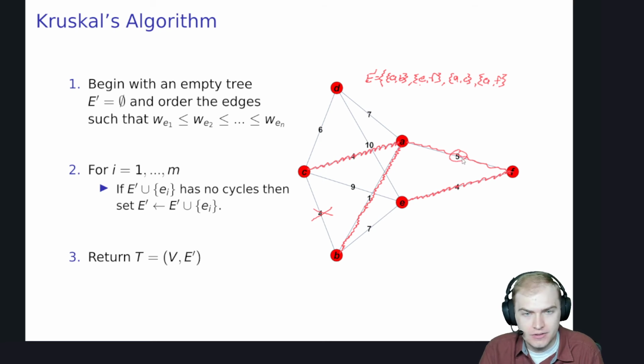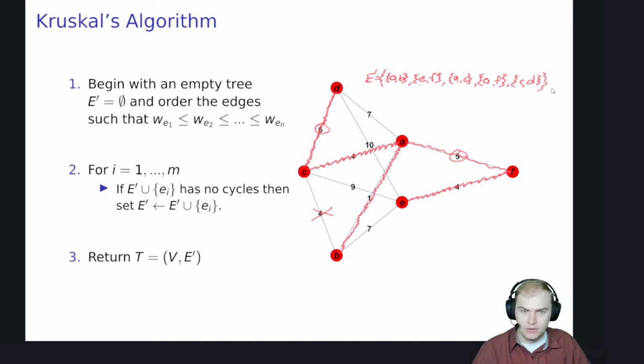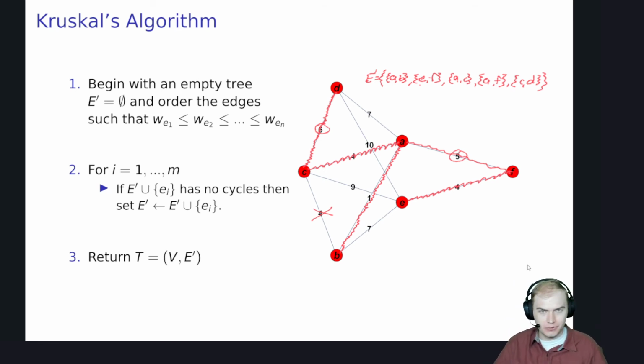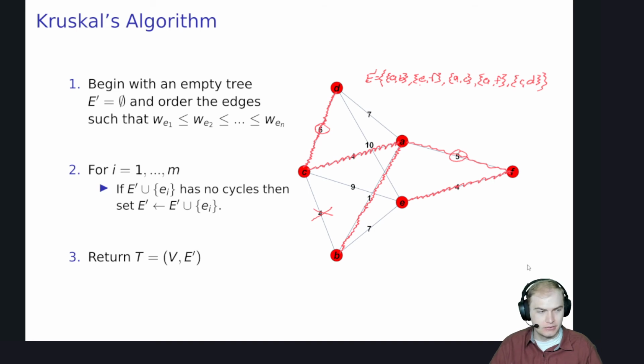So finally, the last edge we add is this C to D. And now we notice that we have added 1, 2, 3, 4, 5 edges, which is our n minus 1 that we're looking for. So we've added n minus 1 edges. So we can stop.